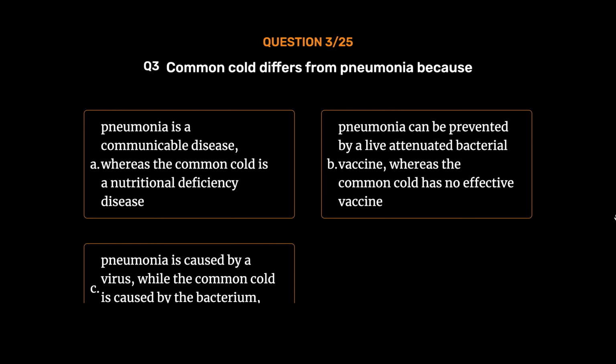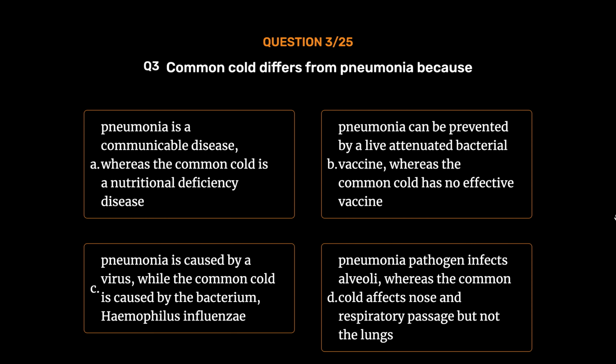Option C. Pneumonia is caused by a virus, while the common cold is caused by the bacterium Haemophilus influenzae. Option D. Pneumonia pathogen infects alveoli, whereas the common cold affects nose and respiratory passage but not the lungs. The correct answer is Option D. Pneumonia pathogen infects alveoli, whereas the common cold affects nose and respiratory passage but not the lungs.